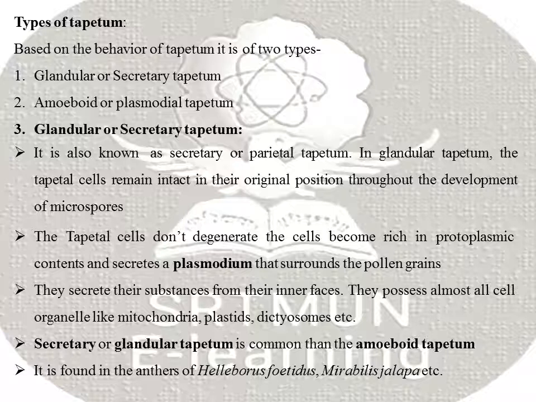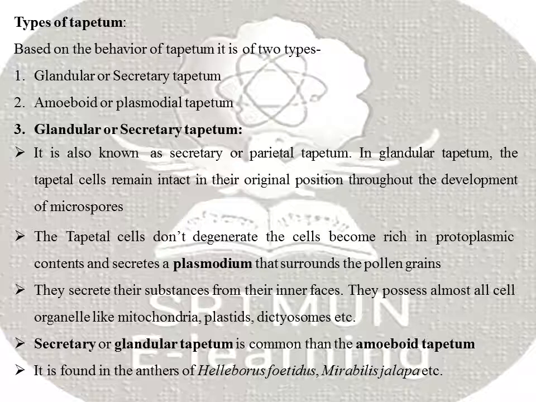In glandular tapetum, the tapetal cells remain intact in their original position throughout the development of microspores. The tapetal cells don't deteriorate; the cells become rich in protoplasmic contents and secrete substances that surround the pollen grain.